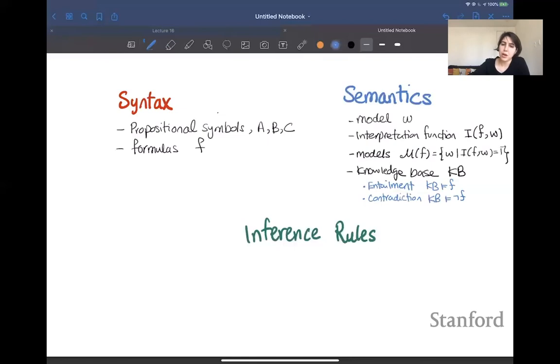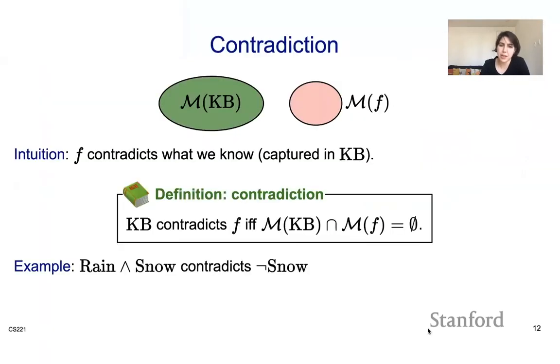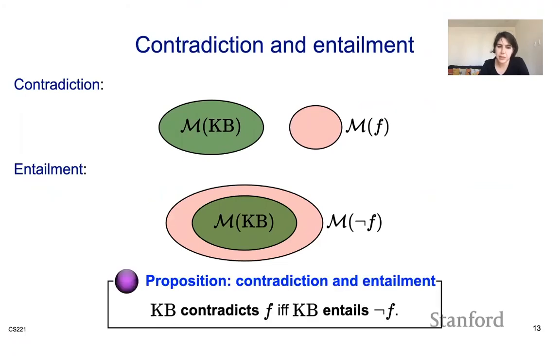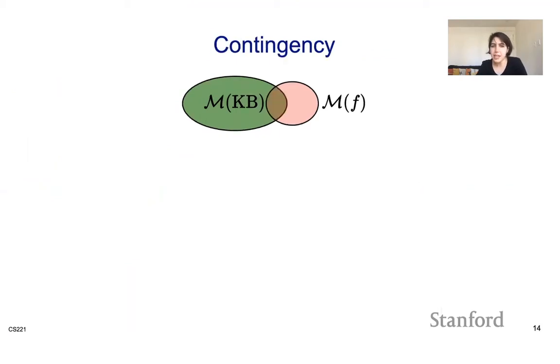Okay. All right. So there is a third case. Let's talk about that third case. So we talked about contradiction being very related to entailment, and KB contradicting with F is the same thing as KB entailing negation of F. Okay. All right. So the third case here is what we're calling contingency. And that is when you're telling me a formula, and that formula is actually telling me something I didn't know.